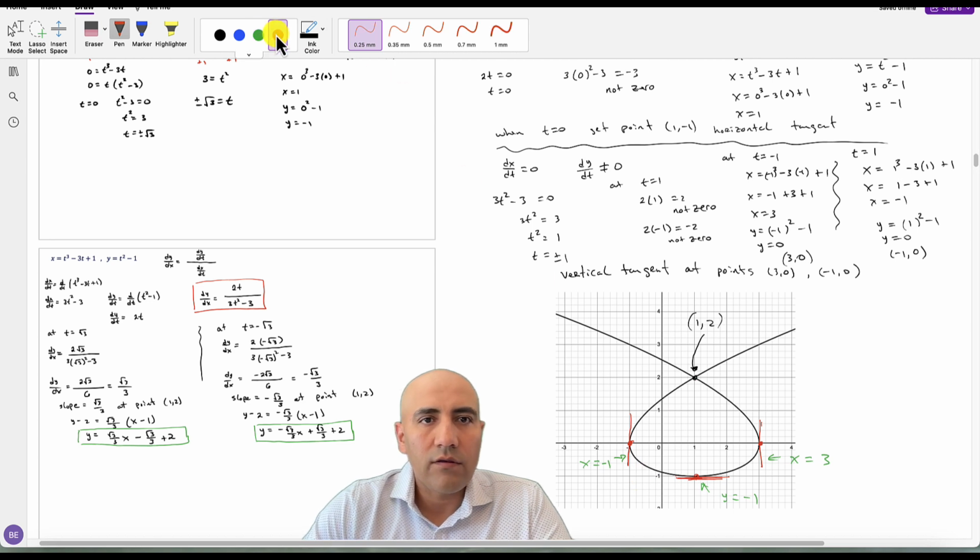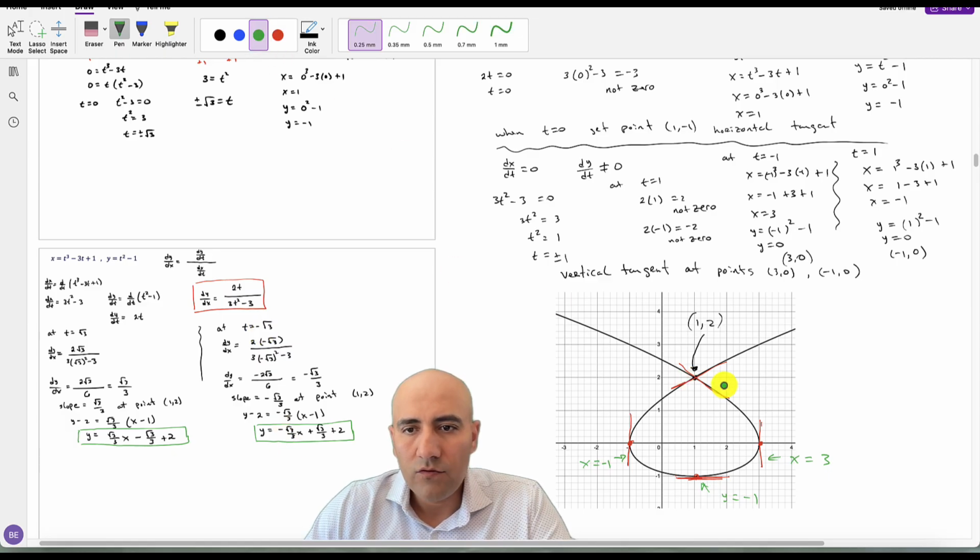We also found the tangent lines at this point, like this, and then there's another tangent line at this point over here going like that. So this one occurs here when t equals negative root 3, and it's equal to this equation. So this one is y equals negative root 3 over 3 x plus root 3 over 3 plus 2.